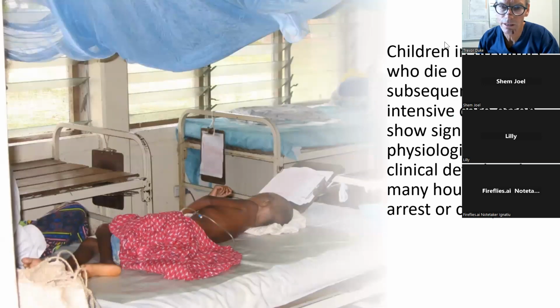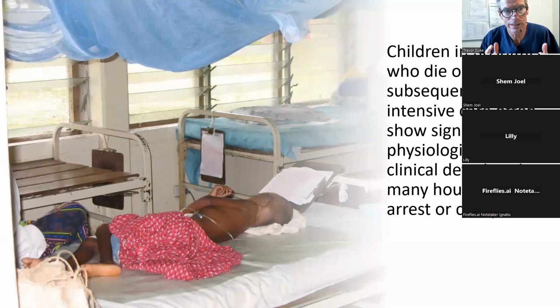And the reason to talk about this is that almost all children in hospitals who die or subsequently require intensive care show some signs beforehand, some physiological or vital sign change, or signs of clinical deterioration, or some sort of behavioral change, often many hours before they arrest or they collapse.